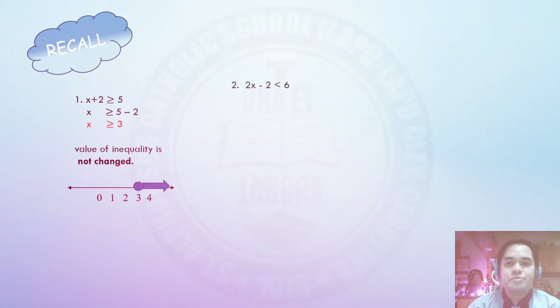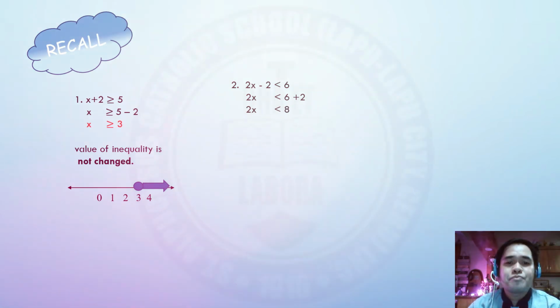For number 2, if we have 2x minus 2 is less than 6, we have to isolate x by transposing negative 2 to the other side of the inequality, and it will become 2x is less than 6 plus 2, and the inequality becomes 2x is less than 8.